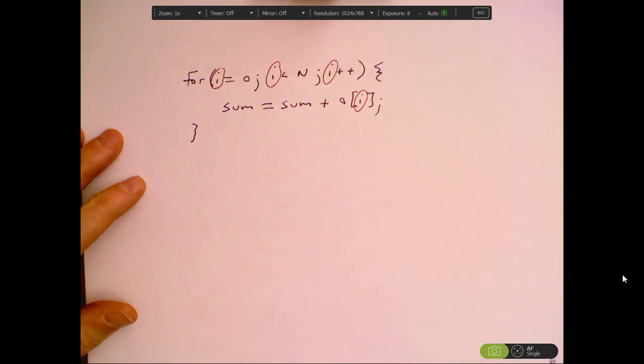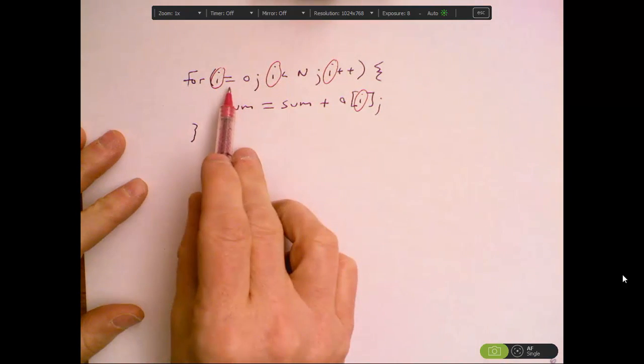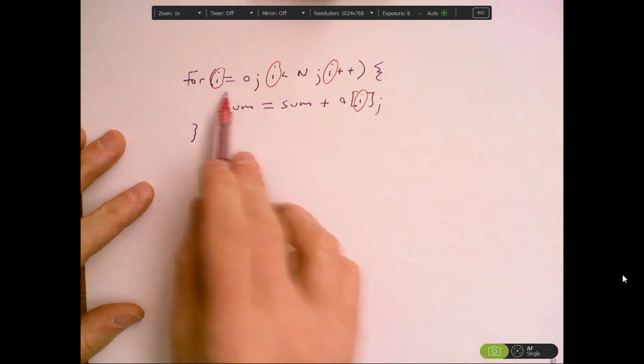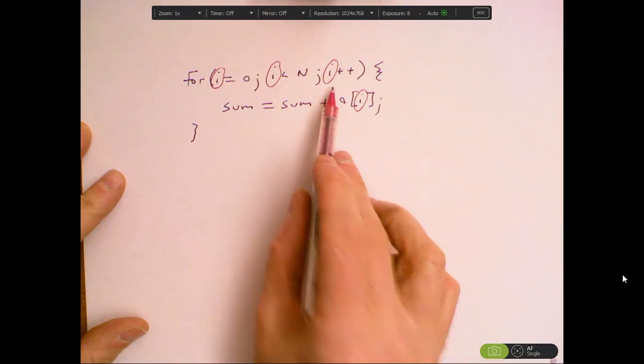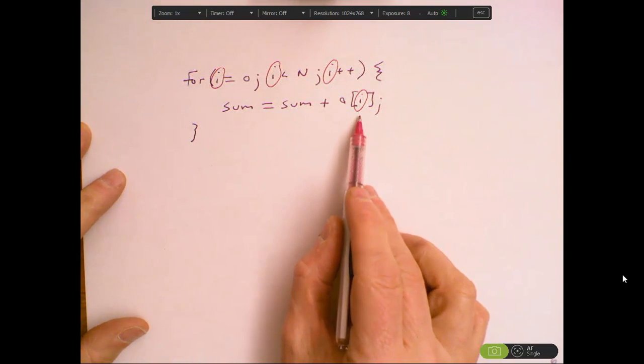I use i to do this initial assignment, then I'll do it for the loop bounds test. I'll do it every iteration. I'll increment it, and I'm also using it as an array index every iteration. So i is going to be used frequently.